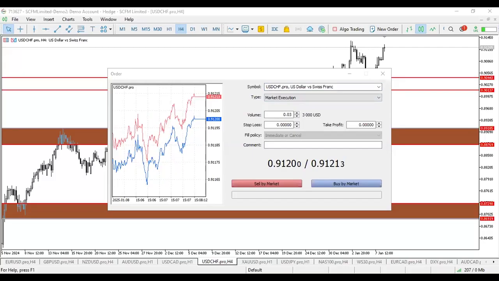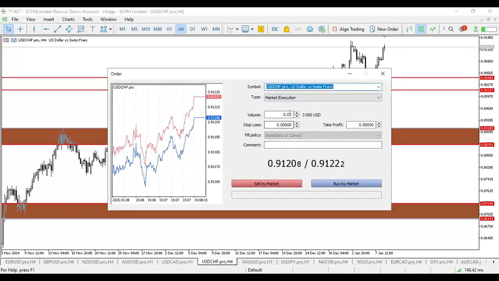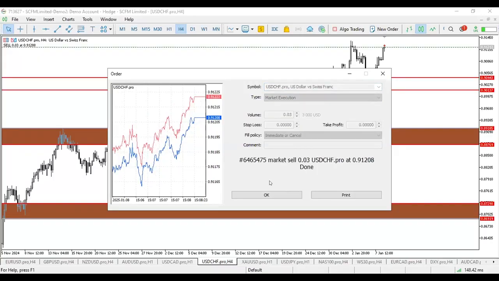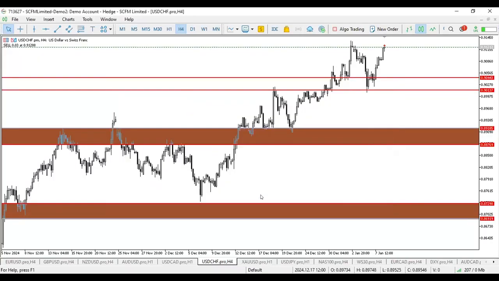For example, what you have here, you can see this is the volume and market execution. If I click sell, it is immediately fed. It immediately goes into the market. You can see here I've placed an order.